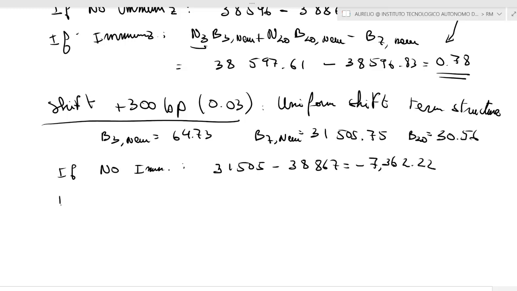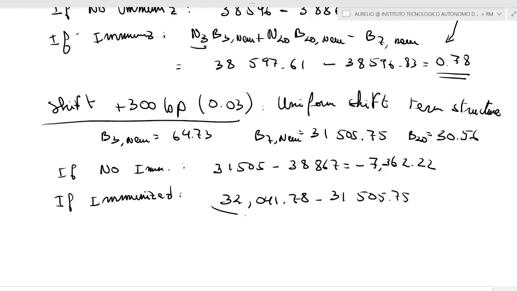And if immunized, as we just did, then the difference would be 32,041.78 minus 31,505.75. Note that this is coming from adding B3 and B20 with the appropriate weights. And here I get a value of 536.03.